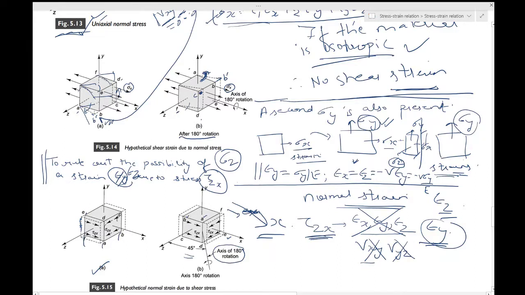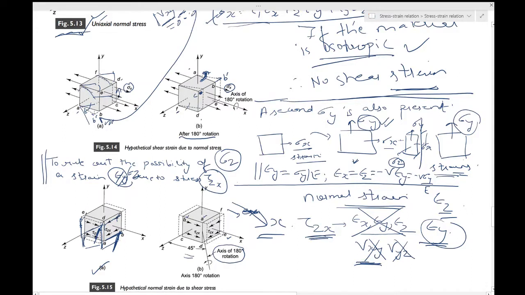Okay, so this line has actually become like this, and this line has become like this. Okay, so this is your assumed hypothetical gamma xy, and then the question is, how should you rotate to be able to make the conclusion that gamma xy is actually equal to 0?